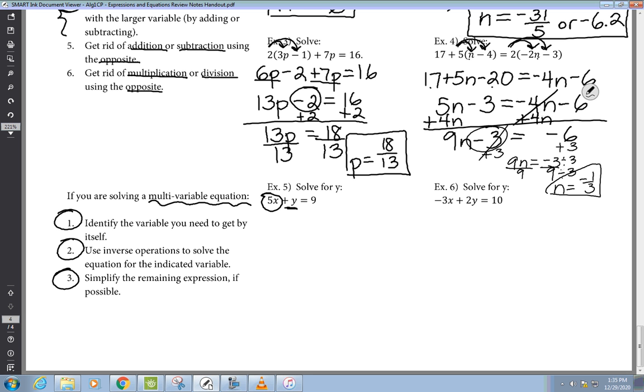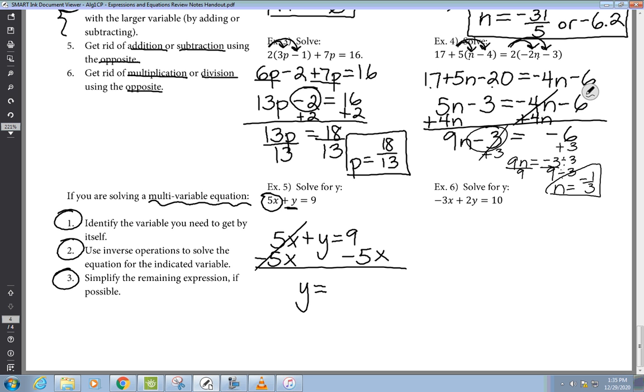You do have 5x sitting there. 5x right now is adding to the y. You get rid of adding 5x by subtracting 5x. You subtract 5x on both sides. Five x's drop out.